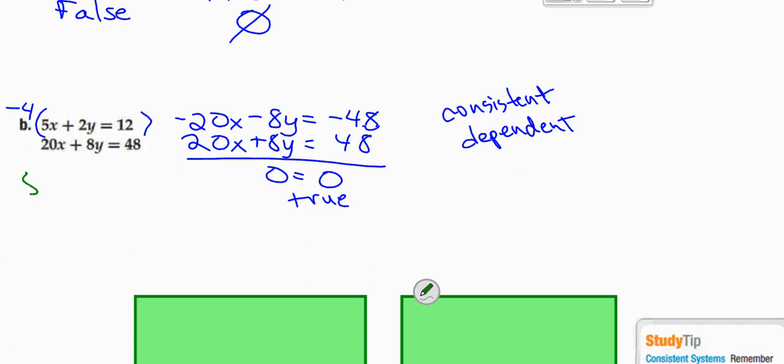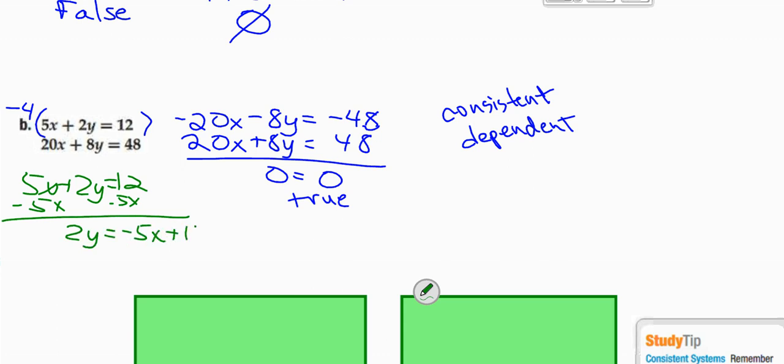So 5x plus 2y equals 12. We have to get y alone. I'm going to subtract 5x, so 2y equals -5x plus 12. I'm going to divide by 2. Can I break this into two fractions? Are you with me on that?